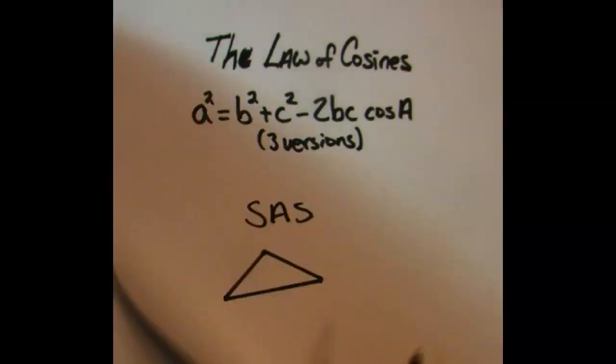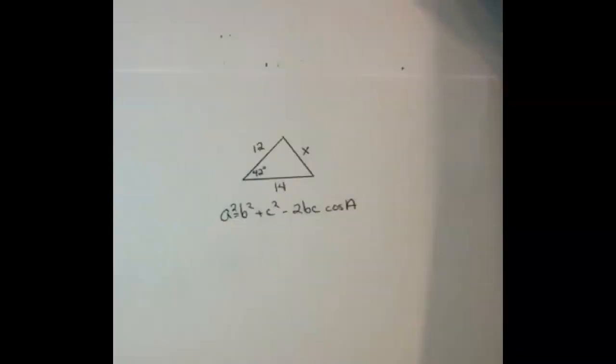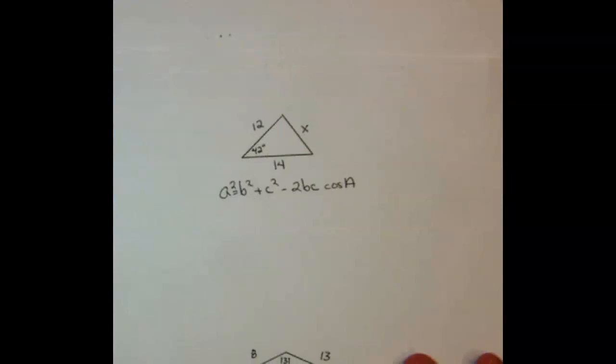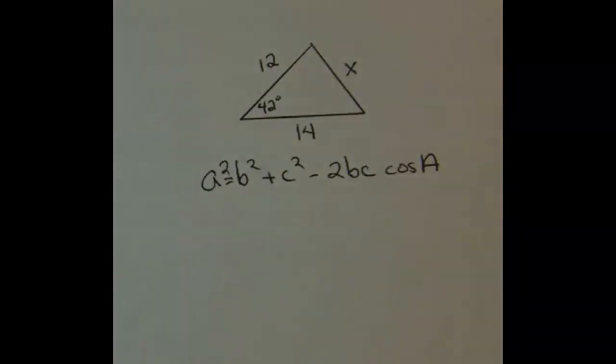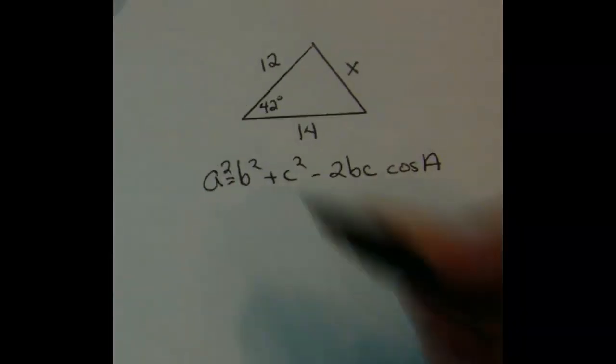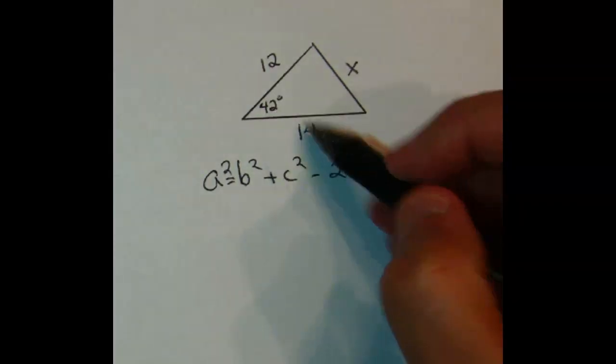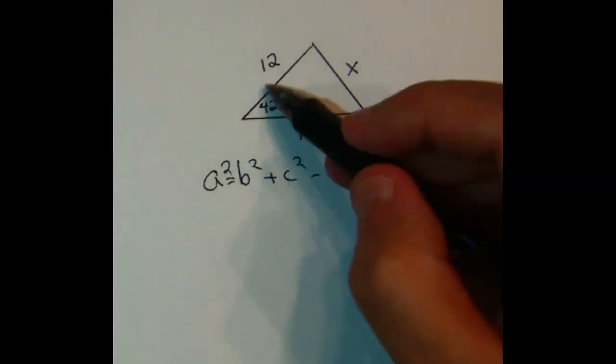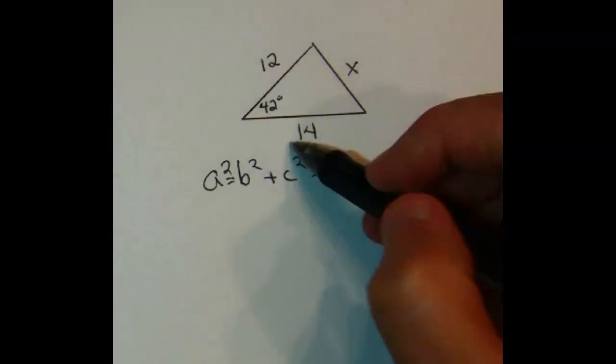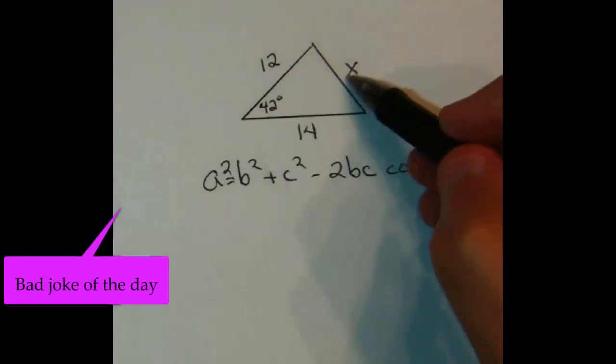Alright, so let's look at our first example. Now, our first example is based on SAS, a side, an angle, and a side. That angle's the included angle because it's connecting the two sides, and we want to find out what that third side length is.